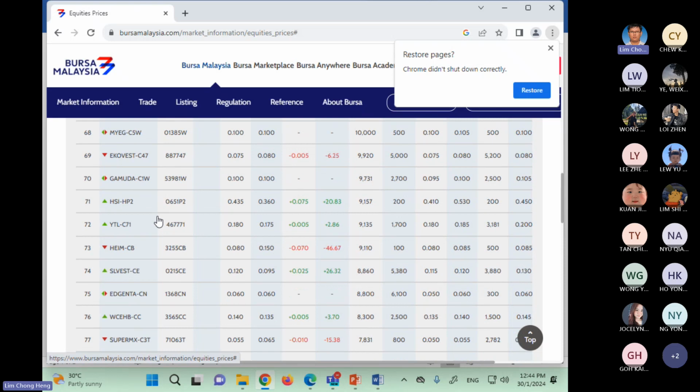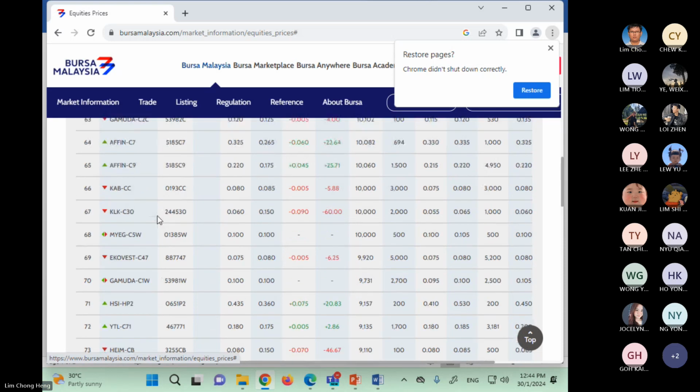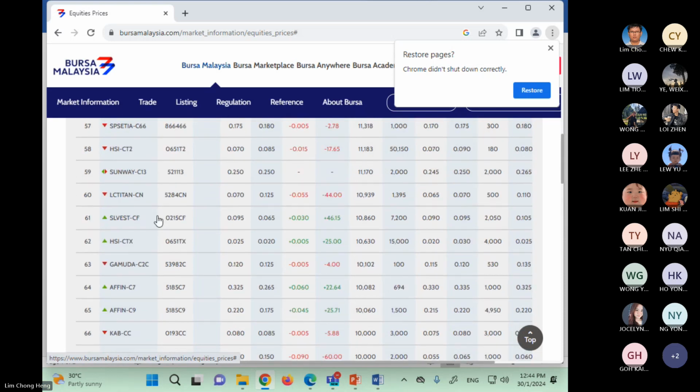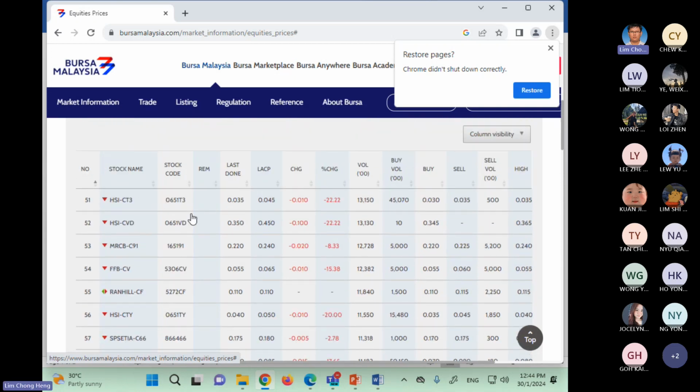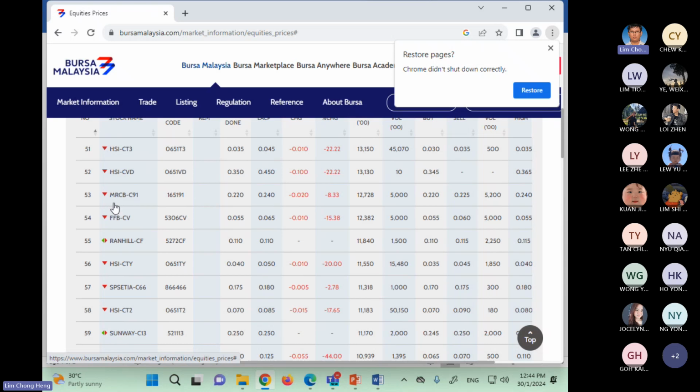W is not so popular. So maybe you go to check yourself. For example, MLCB, then C is call, and hash is put, and WB is the warrants. Okay, what is the difference between call option and the warrants?